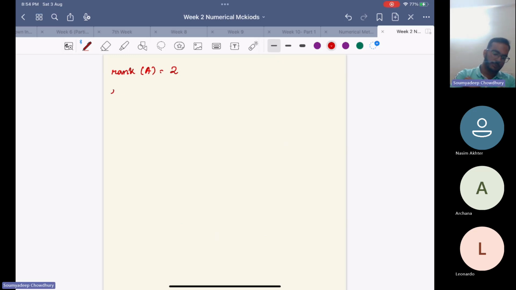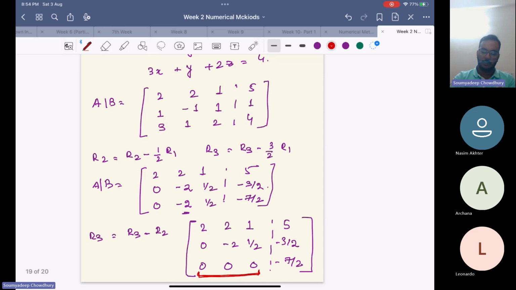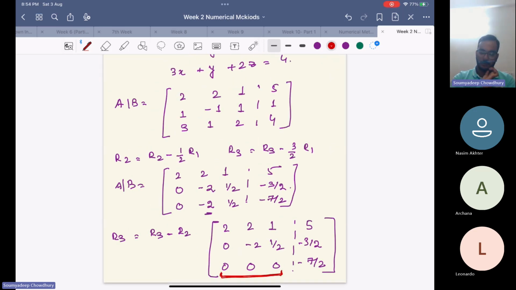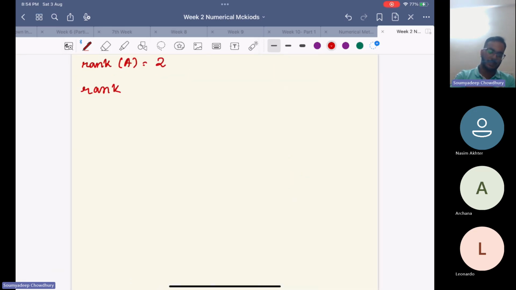So rank of A is 2 here. But if you see this A slash B total matrix, there are no zero rows because this row is non-zero. So all the rows are non-zero here. So the rank of A slash B is 3. So it falls in the second category, right?